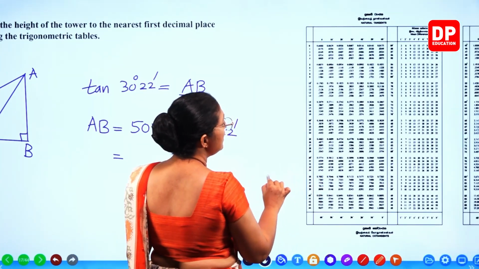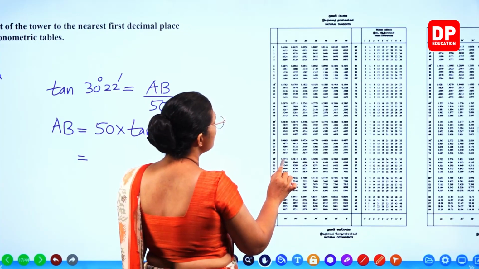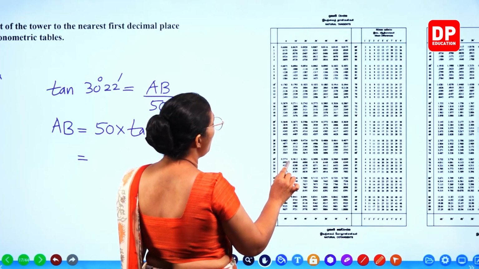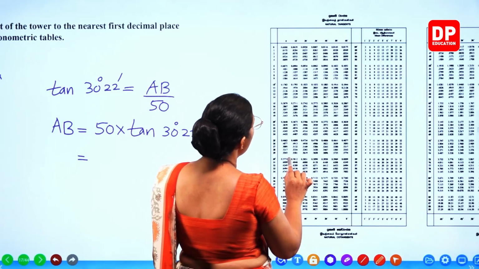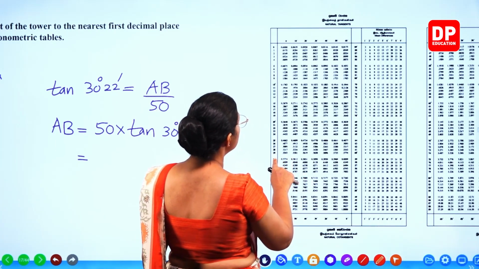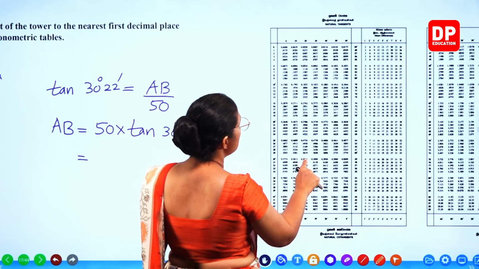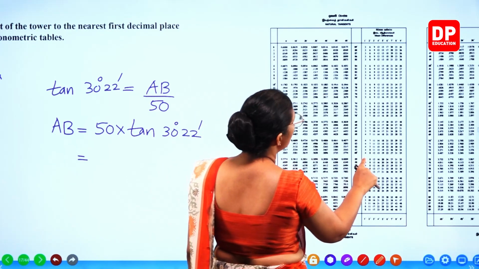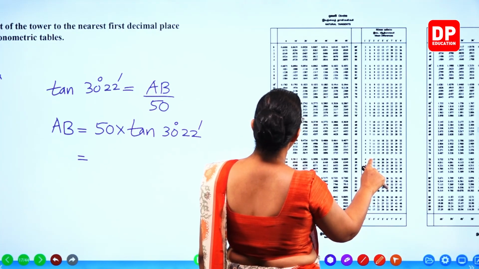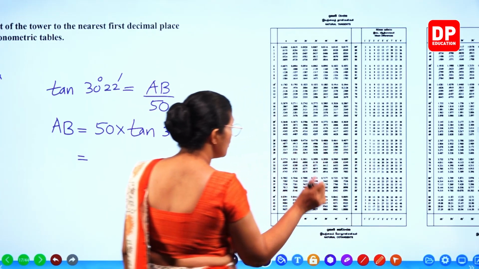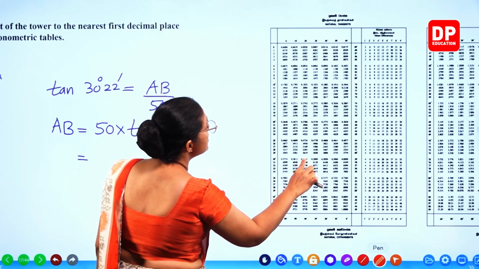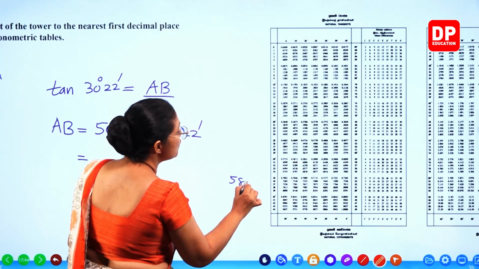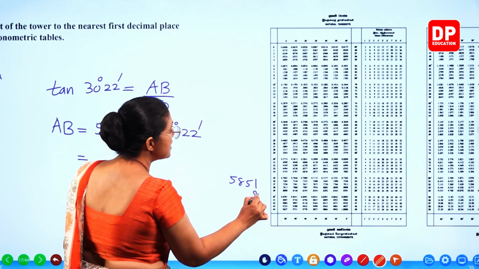Here 30, that's 5774. 22 is 30, 20 and 2. First we'll refer to what is 2. That's 8. So you have to add 8 to that. 30, 20 is 5851 and add 8.